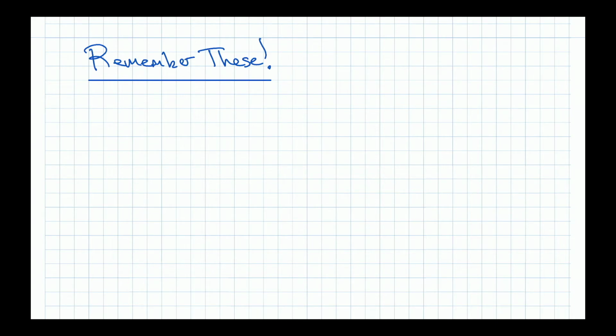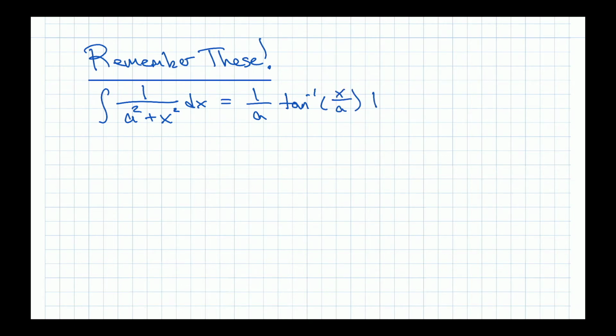Okay, so the formulas that you actually want to remember are these. Okay, so these are the ones you want to remember. The one that we just did, which was the integral of 1 over a squared plus x squared dx, is 1 over a tangent inverse x over a plus c.